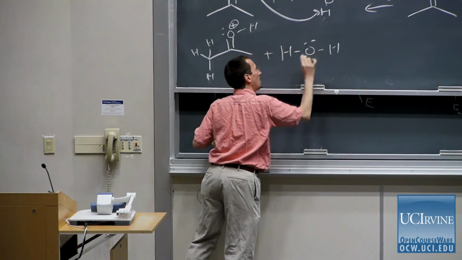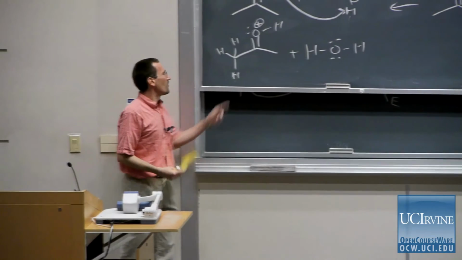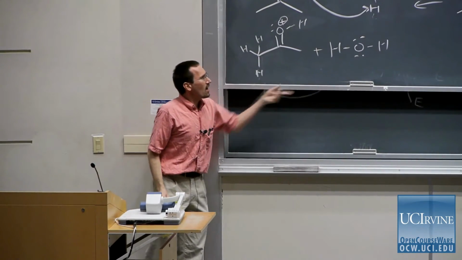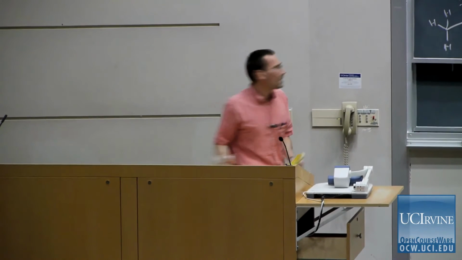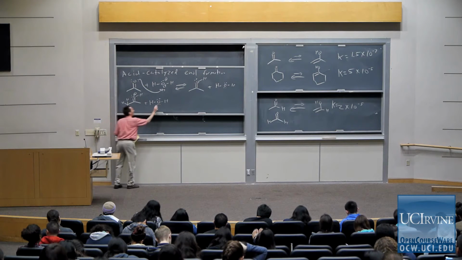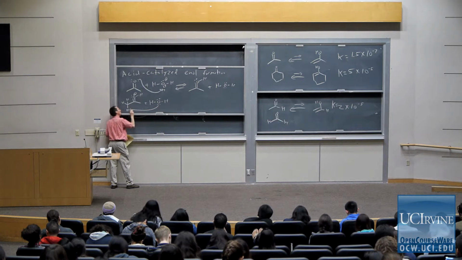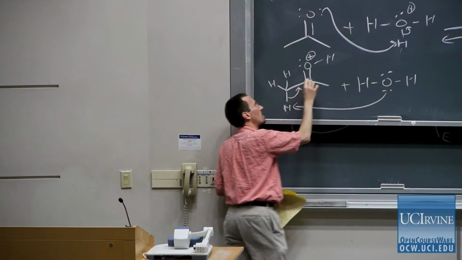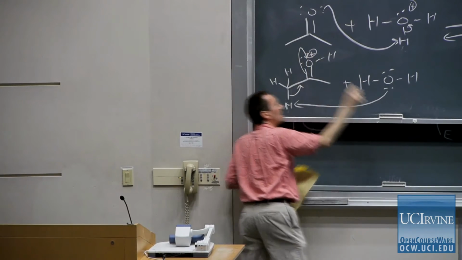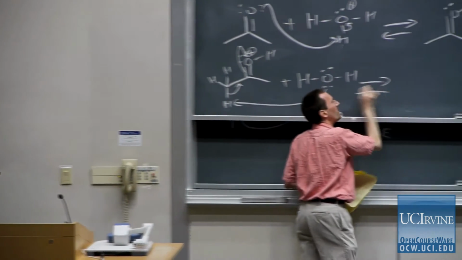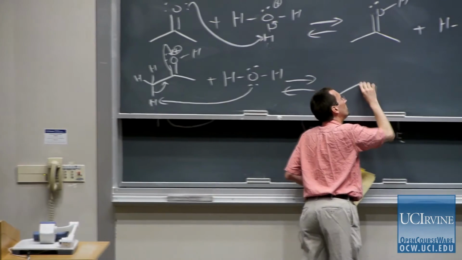So here's our water. Here's our alpha proton. And now water is weakly basic, very weakly basic. Water can pull off the alpha proton. We just push our electrons up onto the oxygen, and again we have an equilibrium.